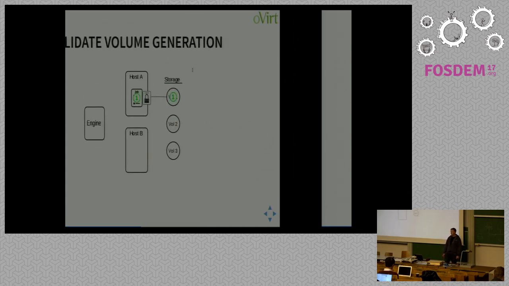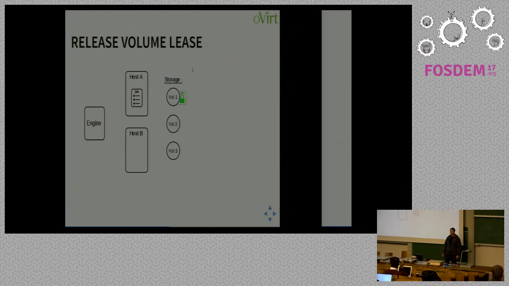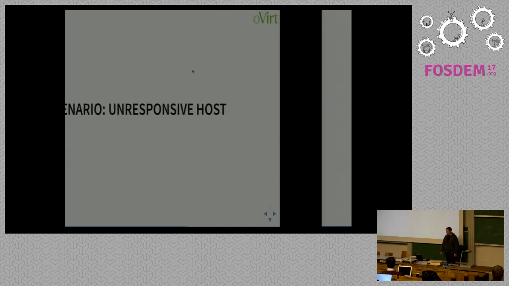Next, we validate the generation against the storage and find it to match. We perform whatever operation it is that we're doing as part of the job and get periodic progress updates back to the engine. When we're done, we increment the generation and release the volume lease. The last step then is a done event, and this job goes away, and we've resolved the situation.